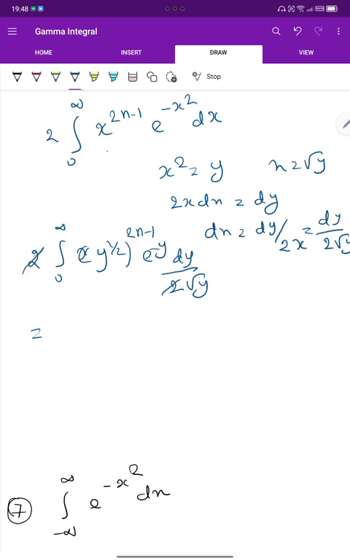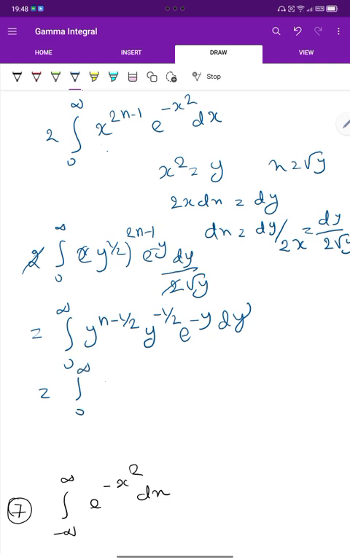We can simplify this as this 2 will be cancelled, and integration 0 to infinity, you see here y raised to n minus 1 by 2, and this root y in the denominator can be written as y raised to minus 1 by 2, e raised to minus y dy, and this is equal to integration 0 to infinity y raised to n minus 1 e raised to minus y dy.